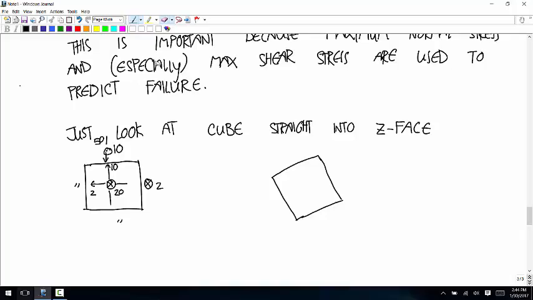Yes, that's right. Let me draw this better. Okay, so this 50 is going down in, and then the 10 is coming out towards us.